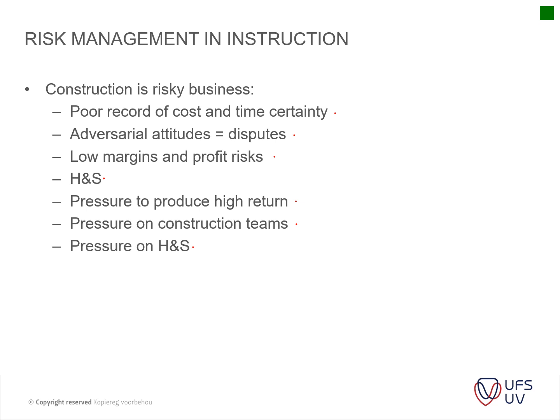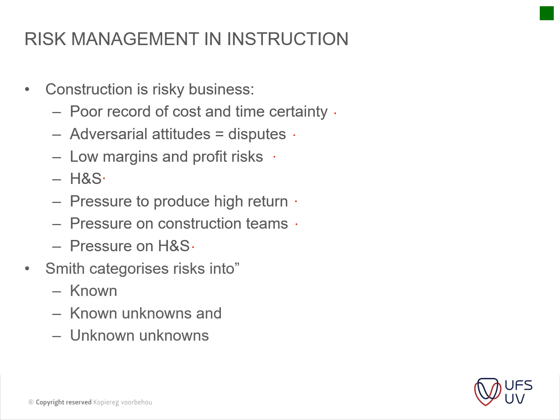So not only are there health and safety risks, there are also pressures from the other side. You will see later on in health and safety that the risks are from both sides, within the construction process and from constitutional level as well.